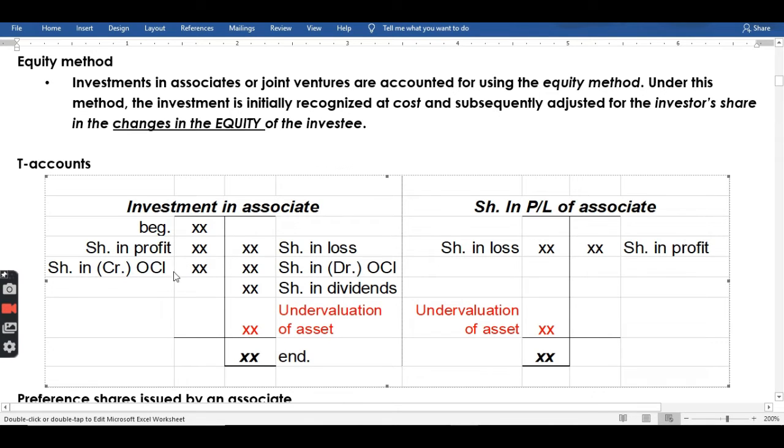So kapag kumita or increase in OCI, yung mga credit items, then i-debit mo siya dito. Yung share mo lang, wag yung lahat-lahat, yung share mo lang. Tapos kapag meron ding decreases naman or mga debit items sa OCI, i-recognize mo naman siya as a credit dito kasi binabawasan naman natin yung investment in associate.